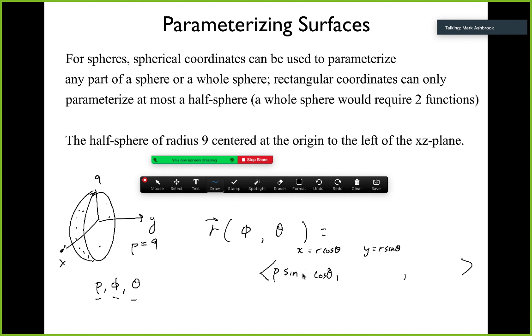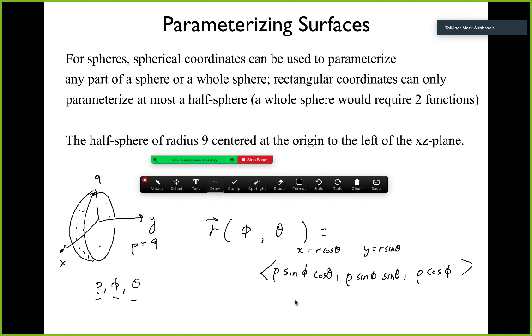It was rho sine phi. So r was rho sine phi. And so then y is rho sine phi sine theta. And what was z in spherical coordinates? Rho cosine phi. Yeah, rho cosine phi. Good. So there it is.